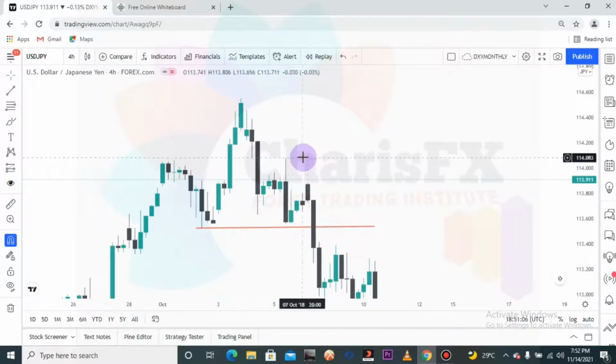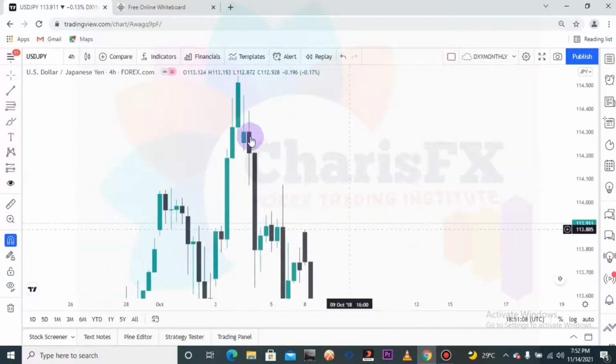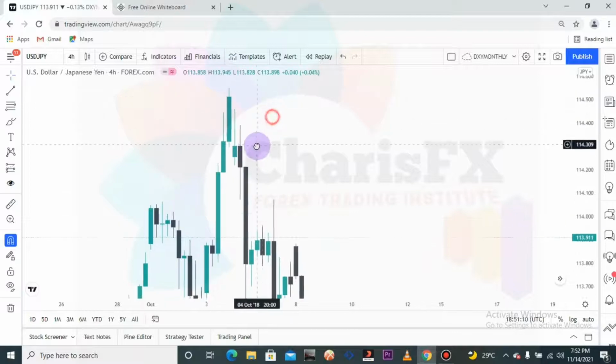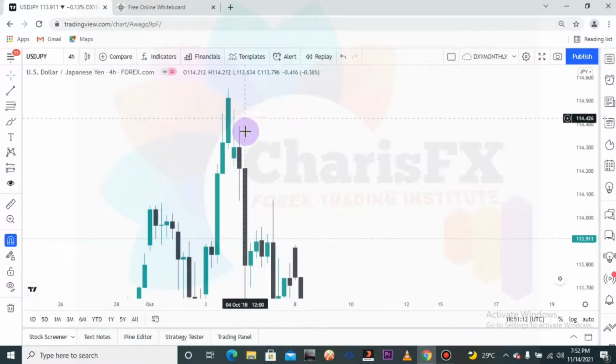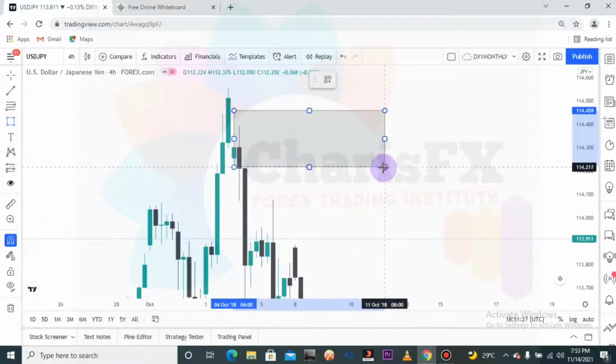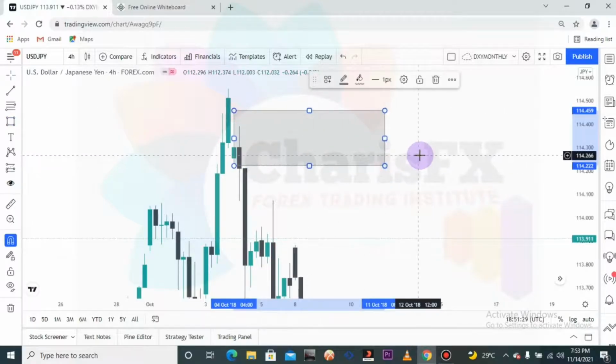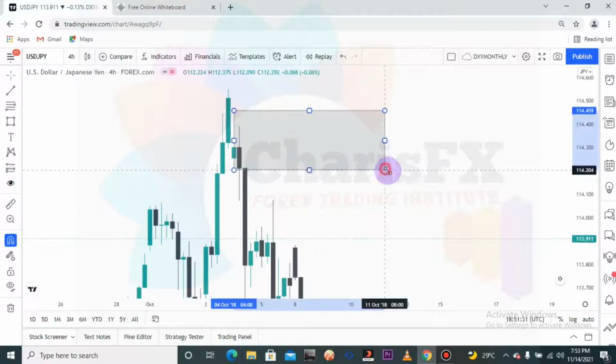So guys, let's check. This was a buy candle. The next sell candle did not engulf it. Okay, this was the next buy candle. The next sell candle engulfed it. Obviously, yes. So this is that bearish order block I want to mark out, the last buy candle that was traded through in the opposite direction by a bearish candle.